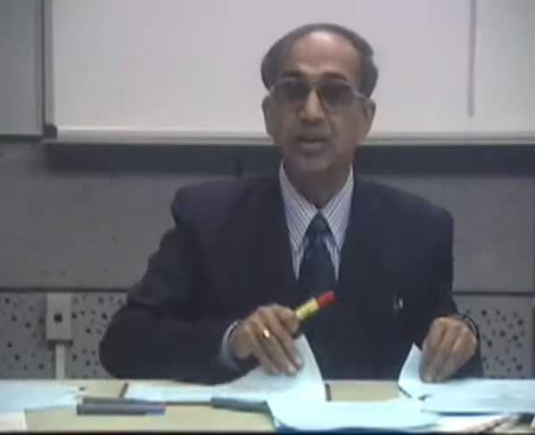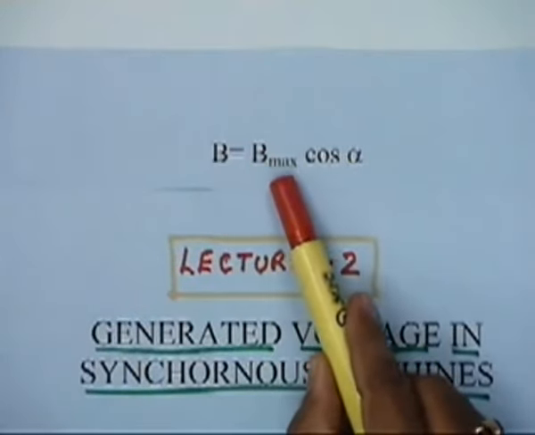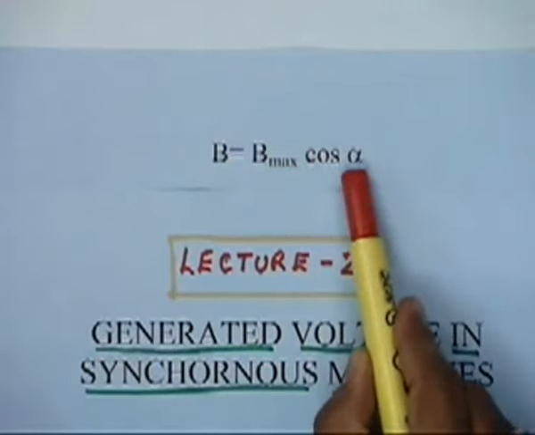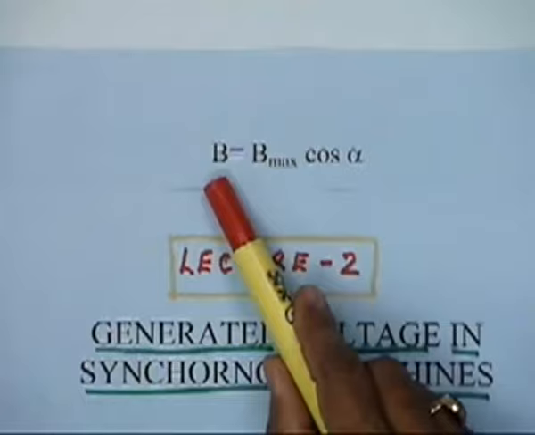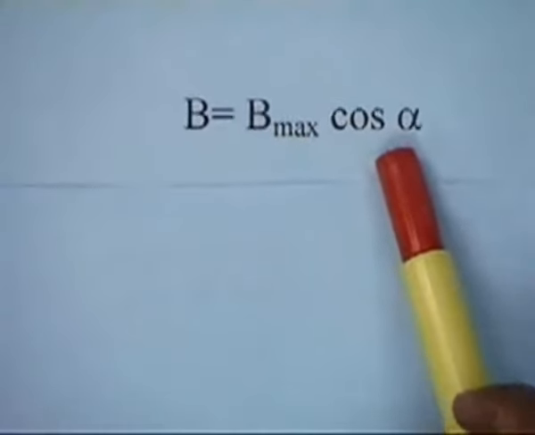That means we can say that the field distribution in the air gap will be a sinusoidal function of some angle, say alpha. So B can be taken to be equal to B max cosine of alpha in the air gap.